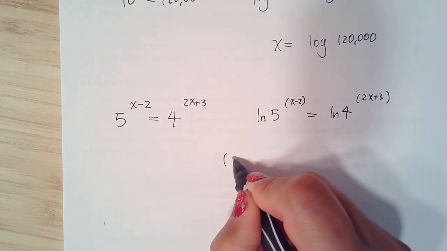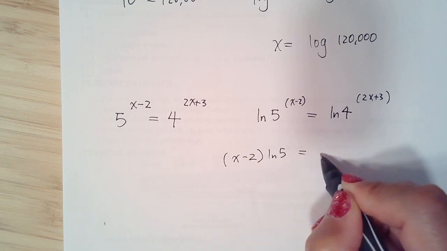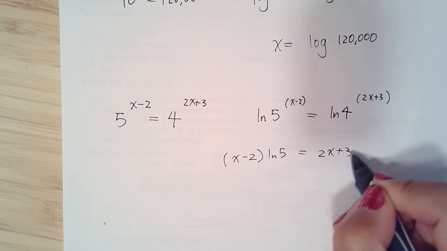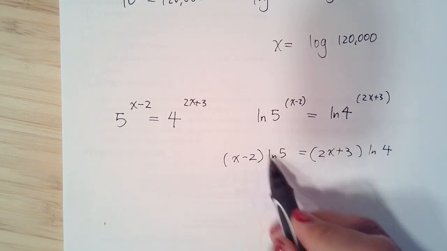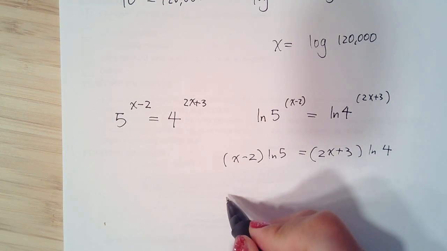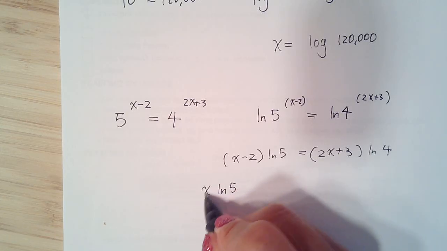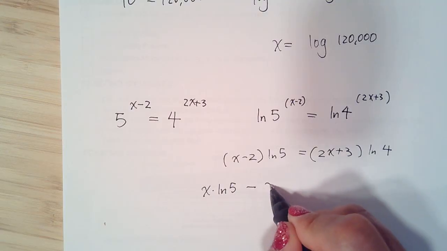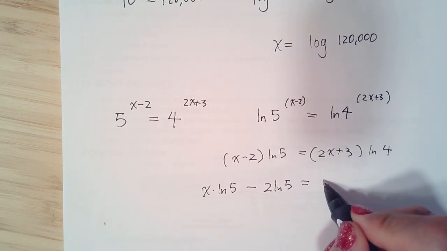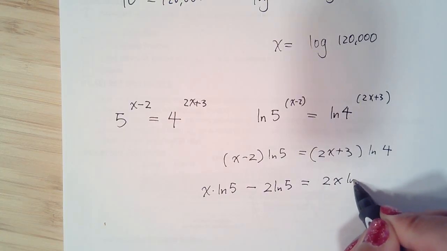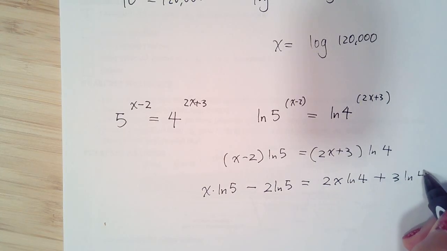So I have x minus 2 times ln 5 equals 2x plus 3 times ln 4. And then I'm going to distribute this into this parenthesis. So I get x times ln 5 minus 2 ln 5 equals the other side, so I get 2x ln 4 plus 3 times ln 4.